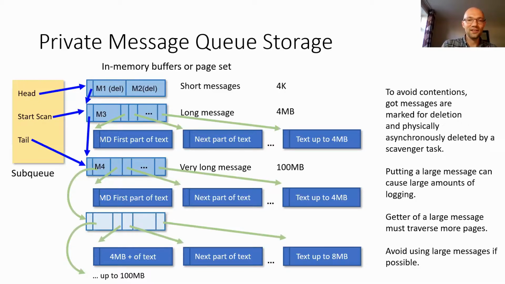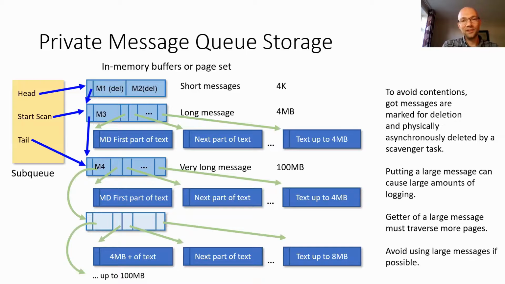A long message or a very long message needs to be stored with pages that, rather than containing message data, contain pointers to other pages that contain message data. You can see that the longer the message is, the more indirection there is, and the more pages that an application getting those messages needs to traverse in order to get that message data.